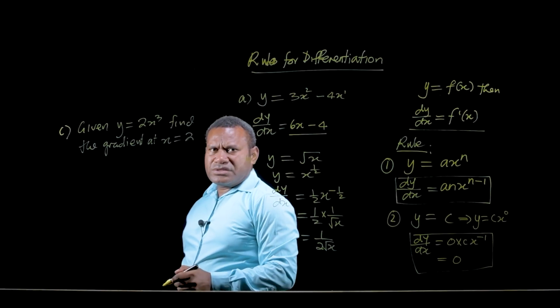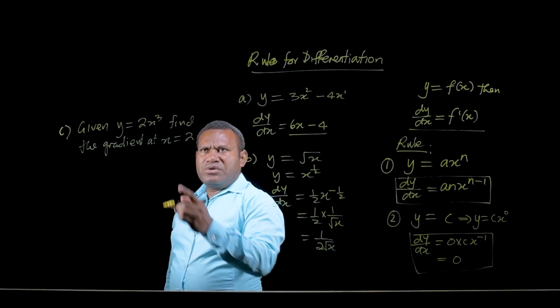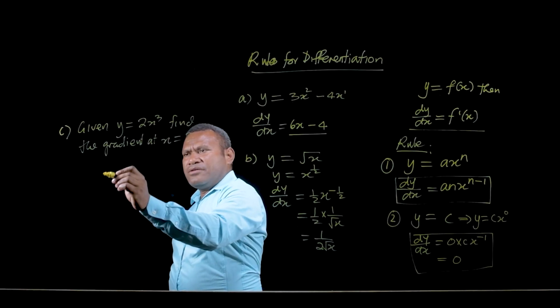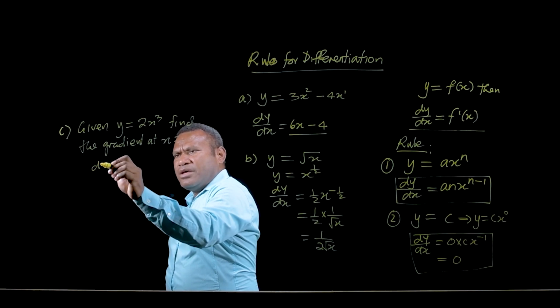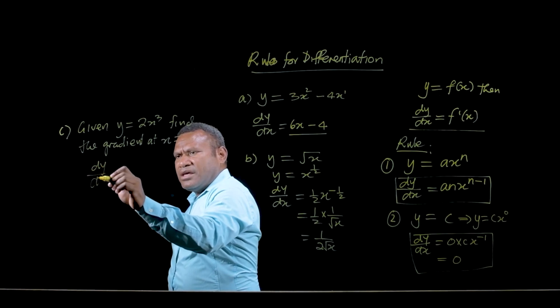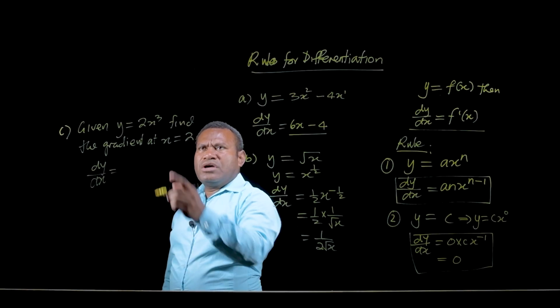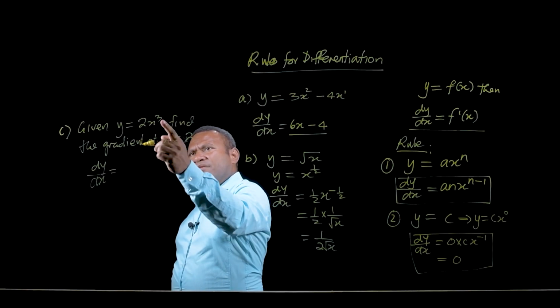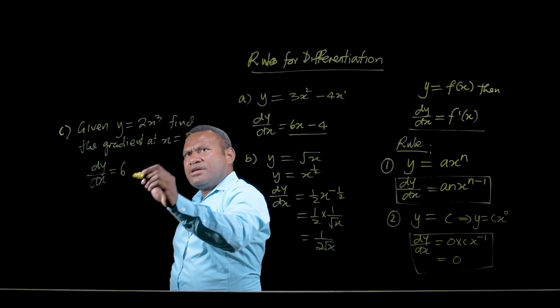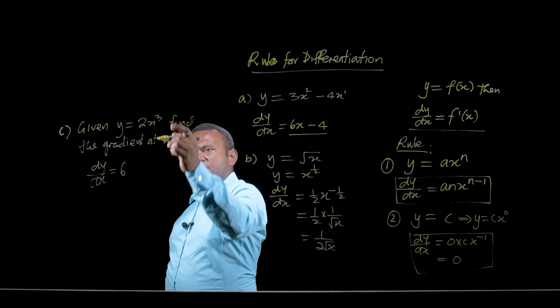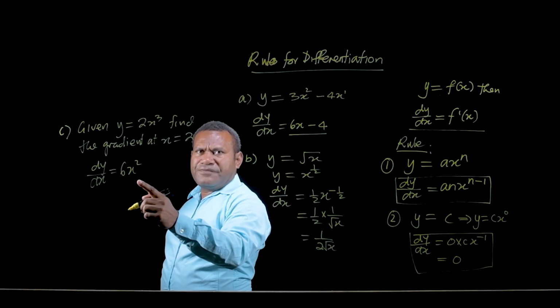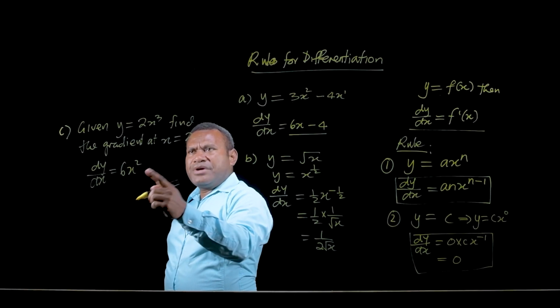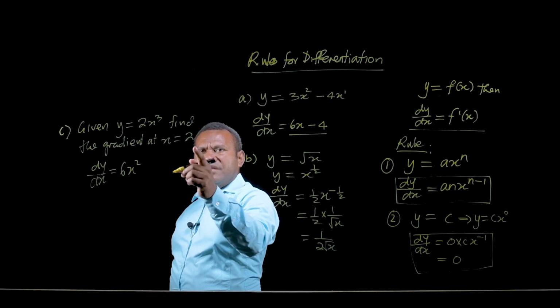If I'm given this question, then I will just have to work out the gradient function. The gradient function of this will be dy over dx is equal to, bring the 3 in front, 3 multiplied by 2 will be 6, and then we just have to subtract 1 from the exponent, so it will be 6x squared. This is the gradient function. So what will be the gradient of this line at this point?